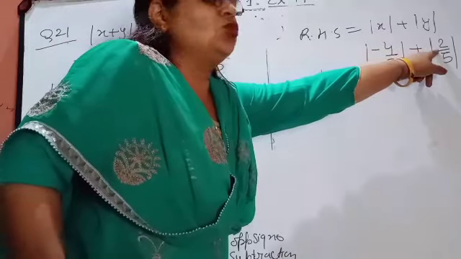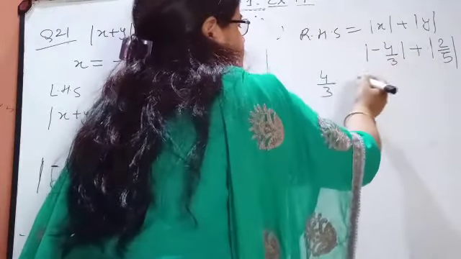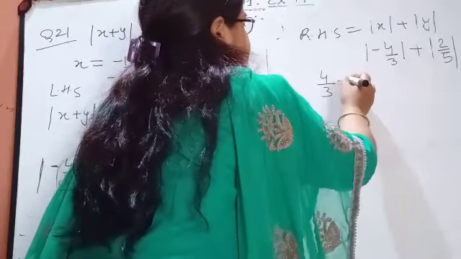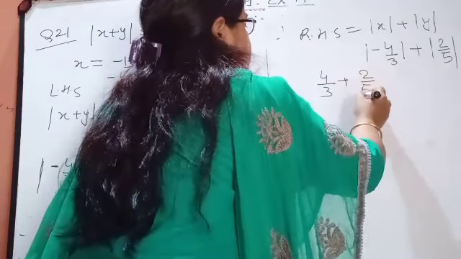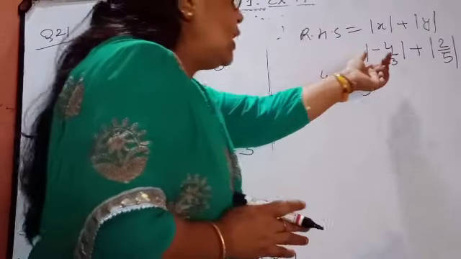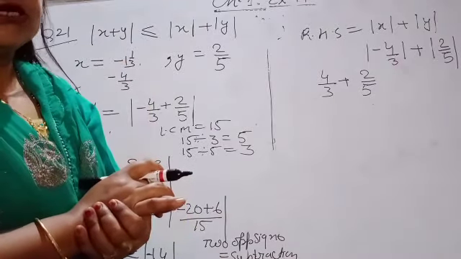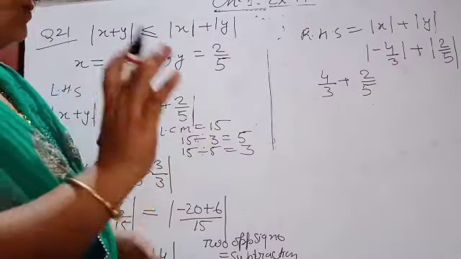But there will be no change in the positive value. Some children are making it negative. That is wrong. Again I am repeating, it will be positive only, 2 upon 5. The mod sign or absolute value only converts the negative sign into positive, not positive into negative. Positive will remain positive.